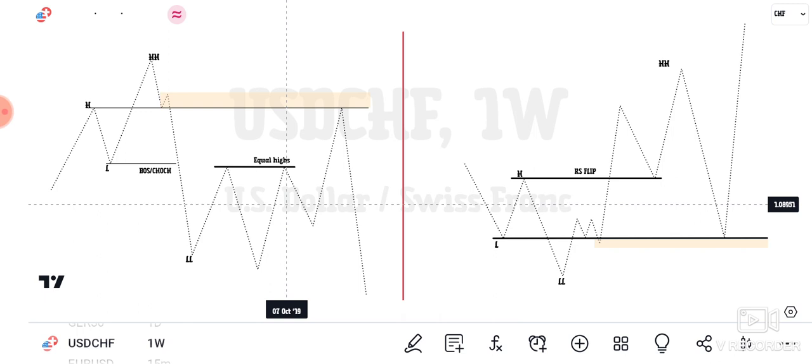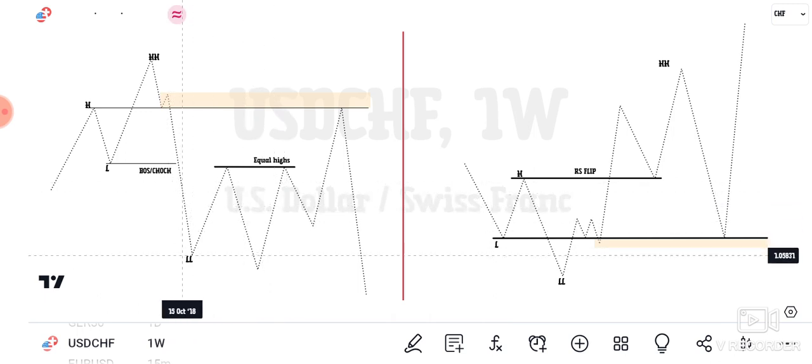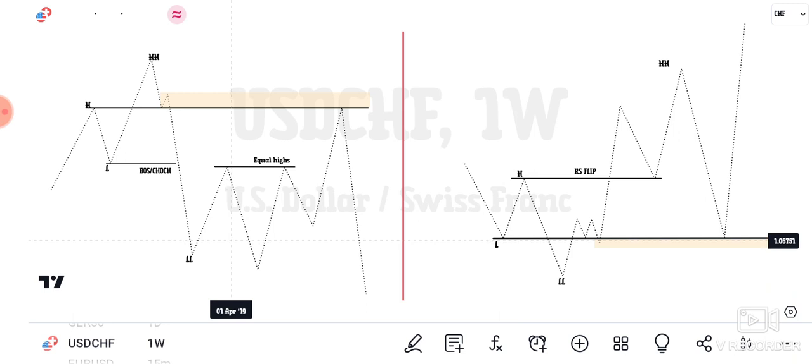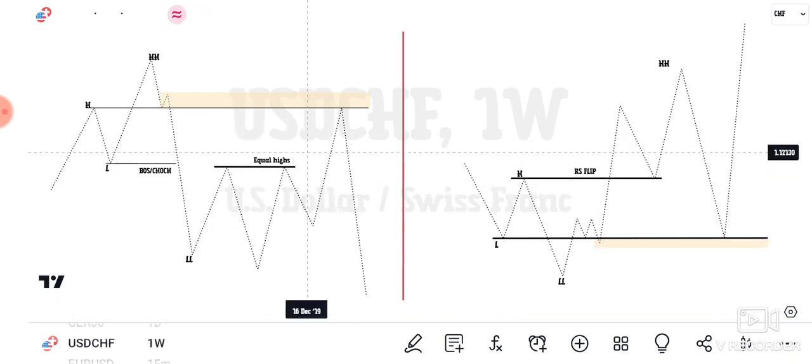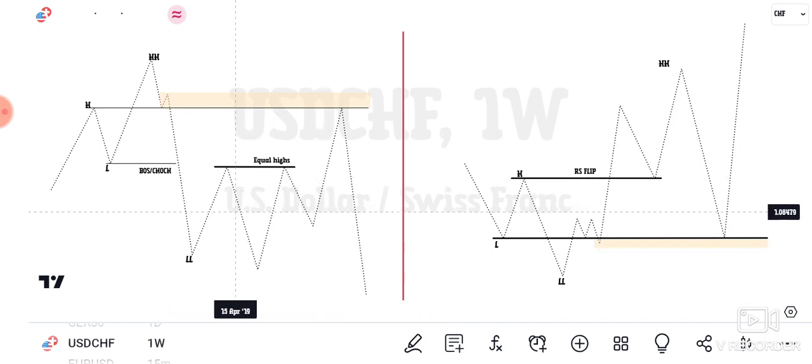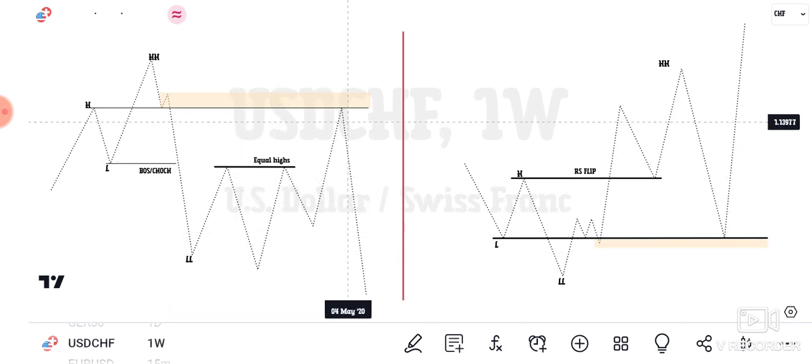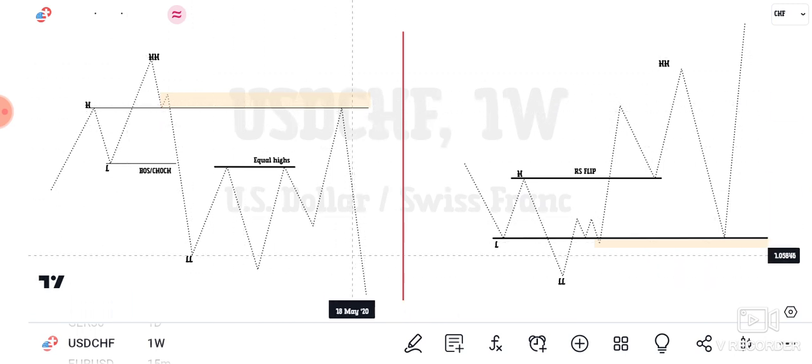After the change of character or the break of structure, I wait for the liquidity to be created in the market before I can enter the market from this level. So this is an example in a sketch of a Quasimodo pattern.